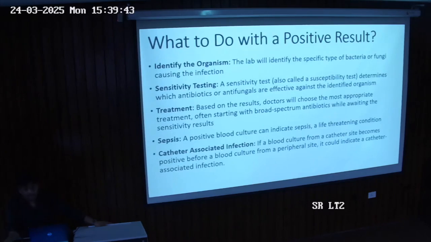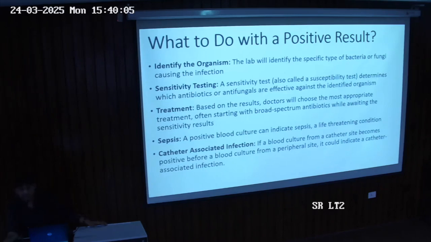Now, if there is a positive result, the lab will identify the specific type of bacteria or fungus that causes the infection. Then we advise for the sensitivity or susceptibility test that determines which antibiotic or antifungal is effective against that particular organism.